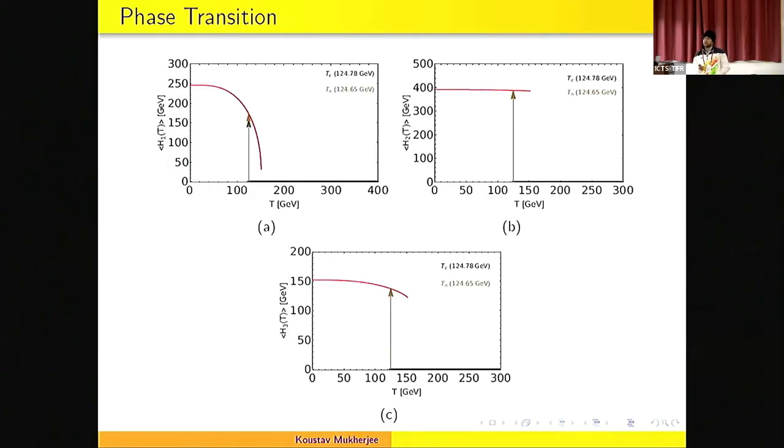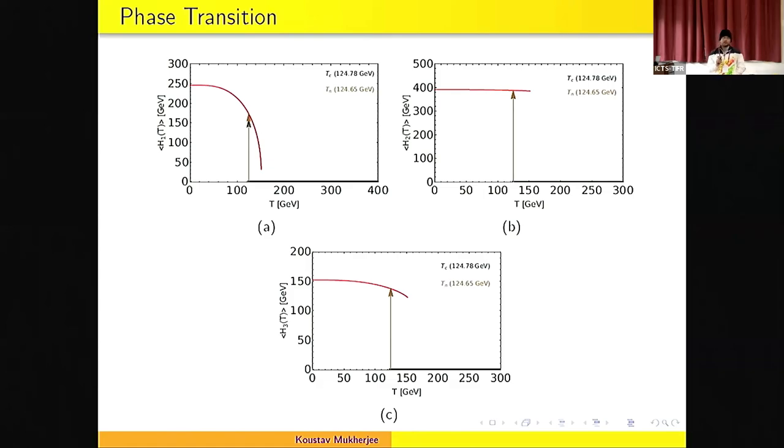So this is a pictorial representation of benchmark point 1, where we have the H1 field with the evolution of the wave of H1, H2 and H3 with temperature. Whenever we see a color change, we conclude that there is a phase transition. If the color changes, it means a phase transition occurred. If there is an arrow corresponding, we say that it is first order.